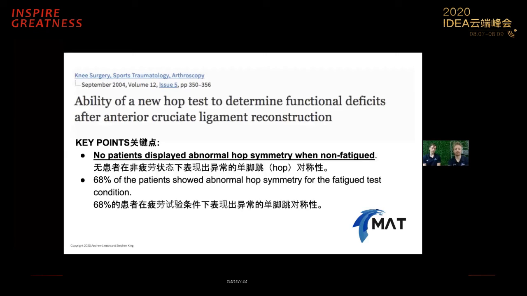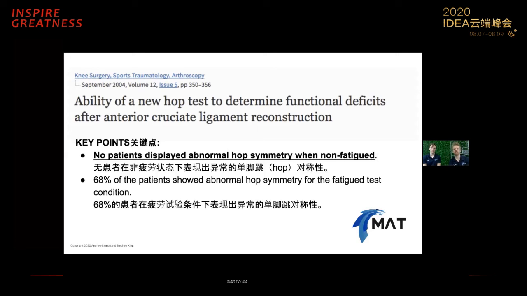This study highlights the effect of fatigue on individuals very well. In this study, they performed a hop test in a fresh state and a fatigue state. In the fresh state, they had less than 10% difference side to side.